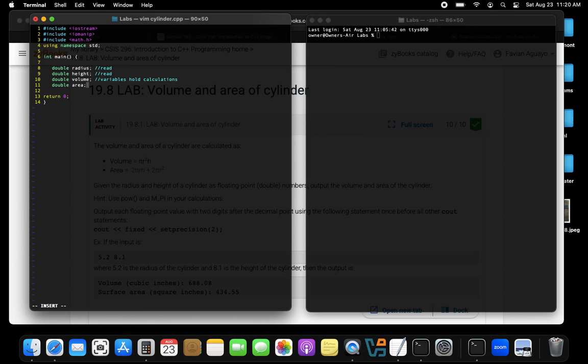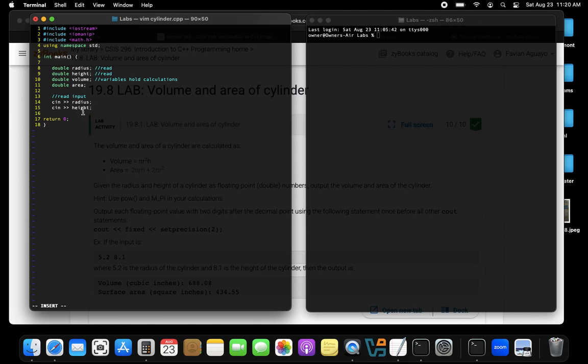Okay, so now we're gonna read input, it's going to be cin, radius, and cin, height. Okay, so these are our read variables, radius and height. We're going to read here, and they're going to go into our equations.